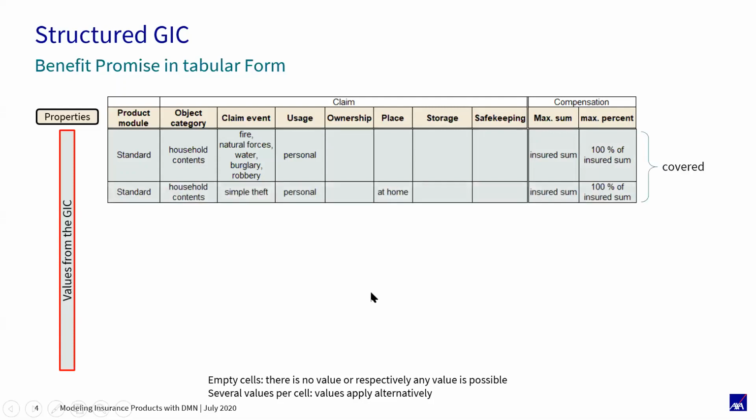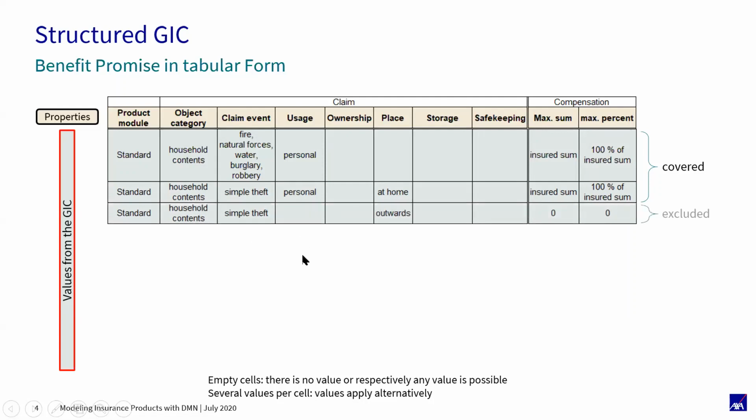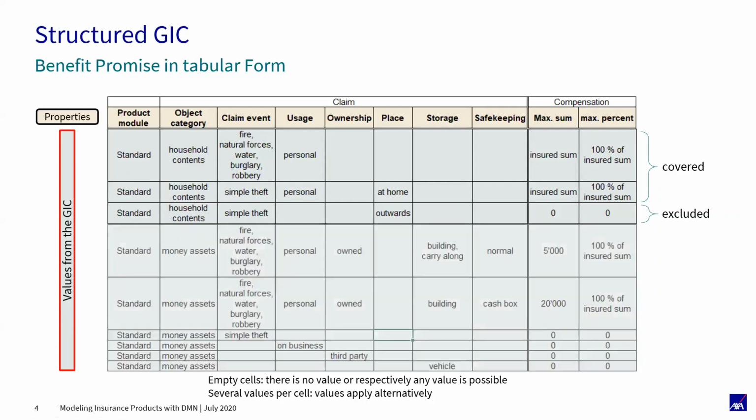And there's the second row for the event simple theft of household contents at home with an insured sum, and additionally an exclusion for simple theft outwards. And we have some more statements for money assets with some more restrictions. There are different compensations depending on safekeeping, and there are a lot of exclusions.